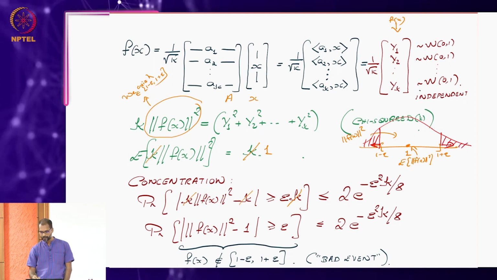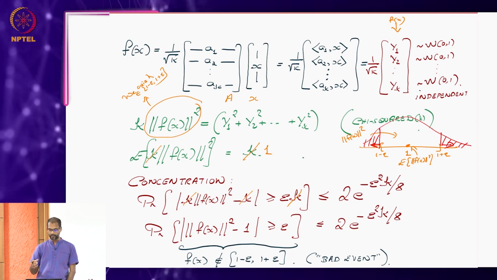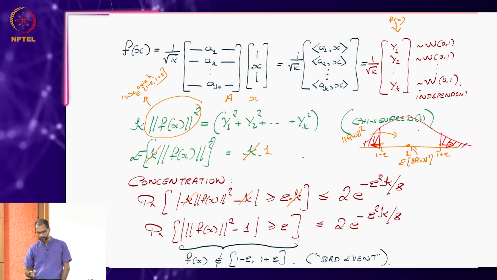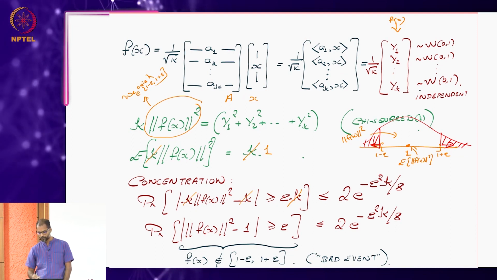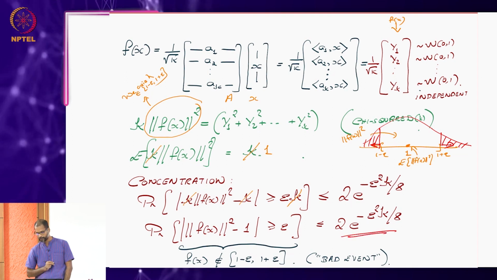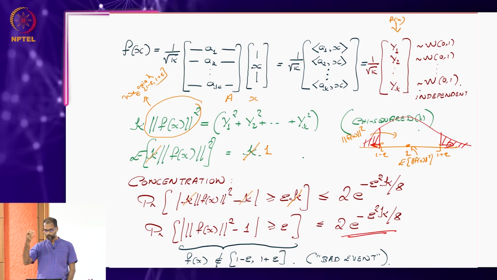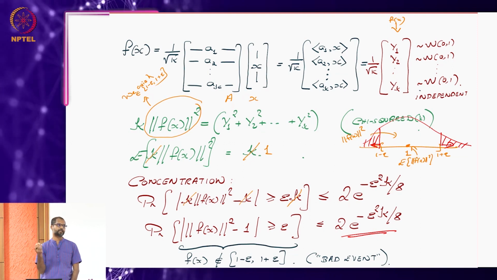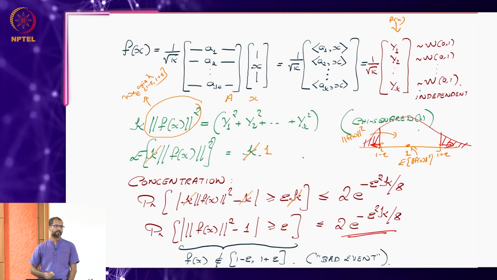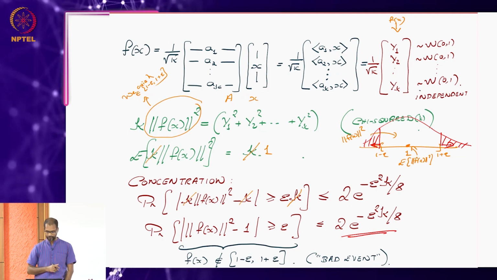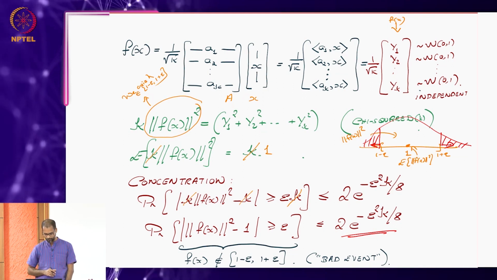The probability that this random variable fx norm squared will go into that area is at most twice e raised to minus epsilon squared k by 8. Okay. Remember that k is going to have some factor like 1 by epsilon squared log n and so on. So, this epsilon squared will soon get cancelled with the 1 by epsilon squared in k, okay, and the expressions are going to get simpler from this point onwards.